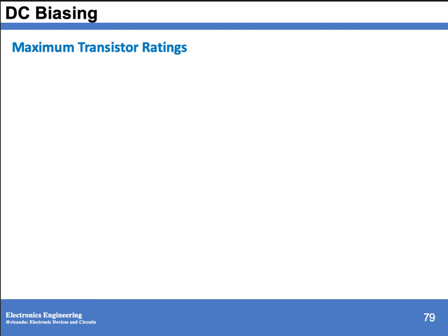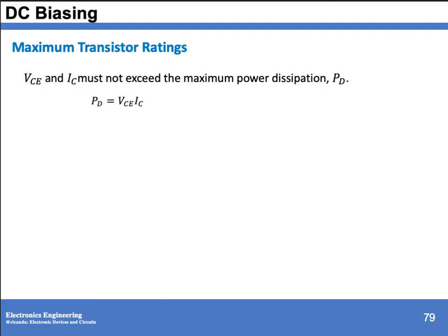So for the maximum transistor rating, we have this one. Your VCE and IC must not exceed the maximum power dissipation of PD. Remember that power, or PD, is equal to VCE times IC. If VCE is at maximum, then we can solve IC as PD maximum over VCE.